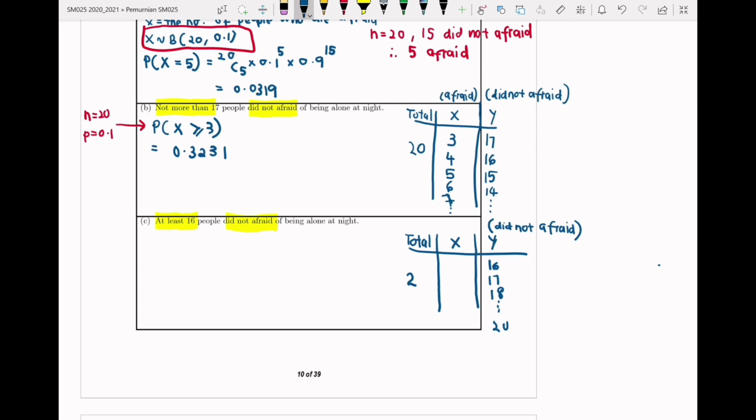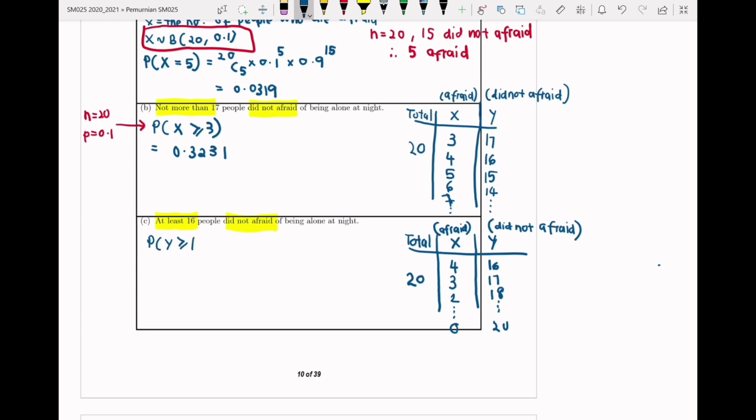Remember the total number is 20. Then if we have 16 people not afraid, that means we have 4 people afraid. X is the number of people afraid. If we have 17 not afraid, we have 3 people afraid. If we have 18 not afraid, 2 people are afraid, because we need to complete the total, that is 20. So until 0.